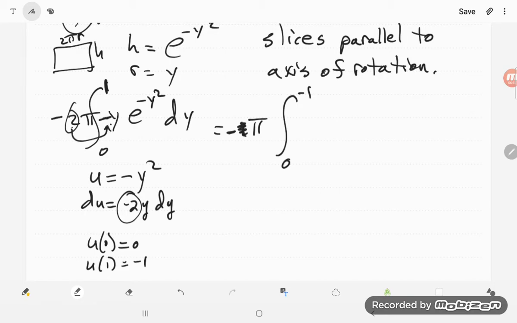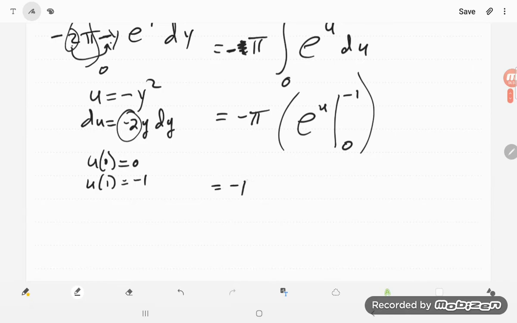I have a negative 2y. So I get a negative pi on the outside, 0 to negative 1, e to the u du. So this is negative pi times e to the u from 0 to negative 1.